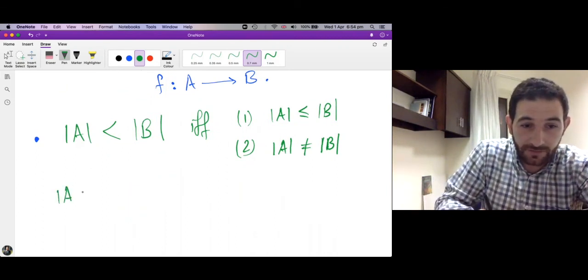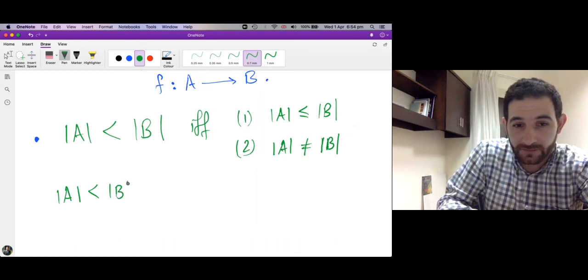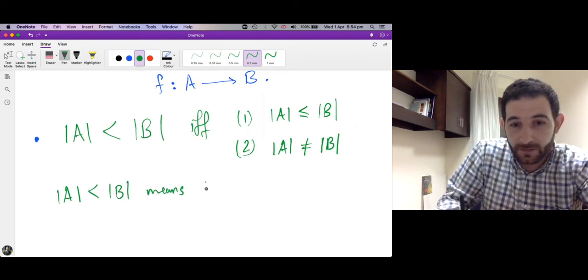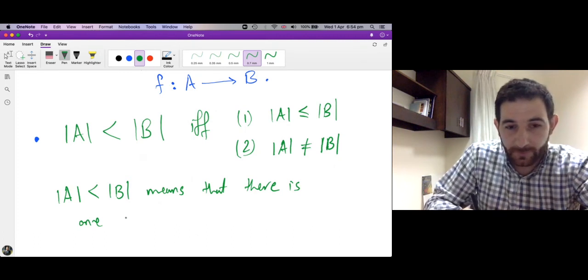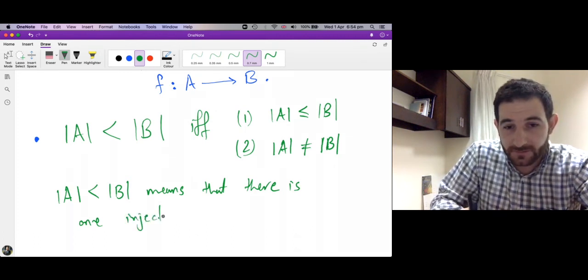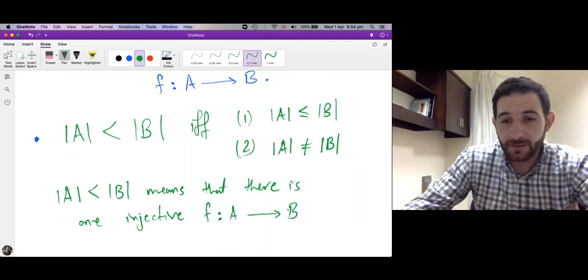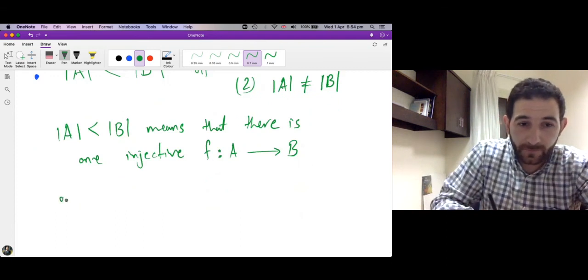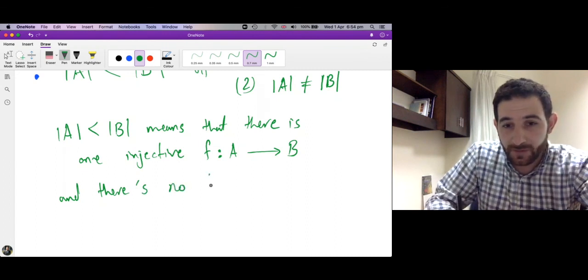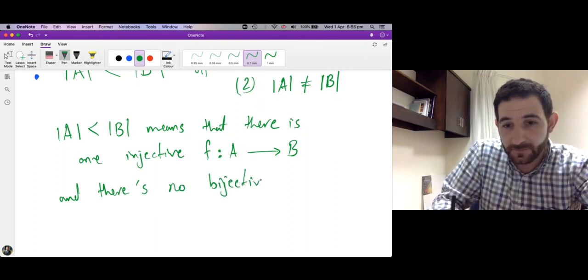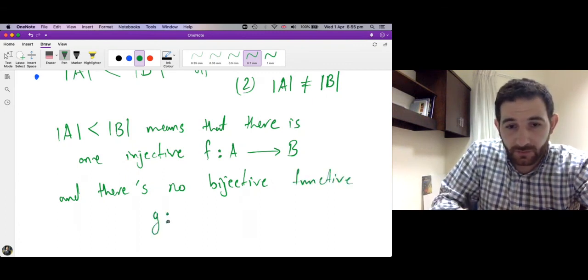The cardinality of A is strictly less than the cardinality of B means that there is at least one injective function f from A to B, and there is no bijective function, say g, from A to B.